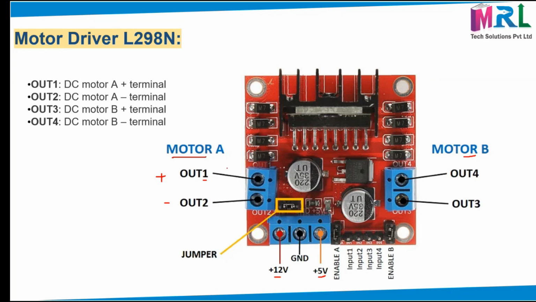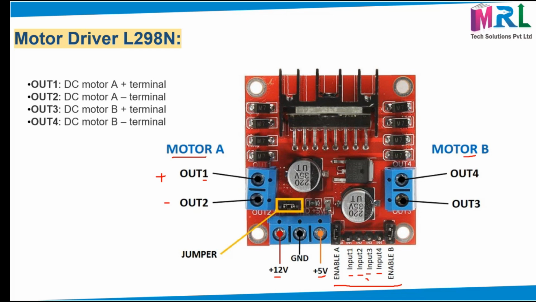Then you have pins like this: input 1, input 2, input 3, input 4. These are the input signals that you have to connect with the ESP32.